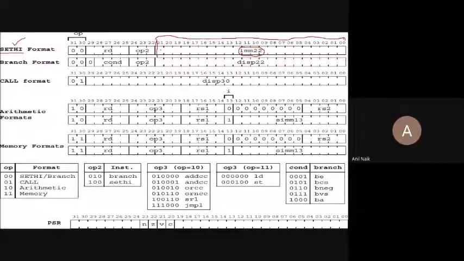Then, if the 30th and 31st bits are 0 and 0, it is called a set high or branch related instruction.